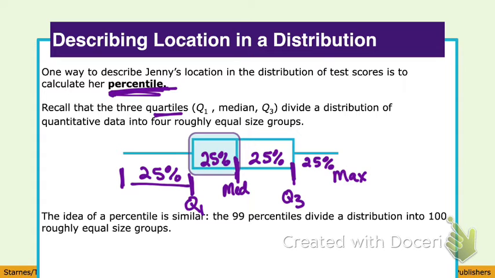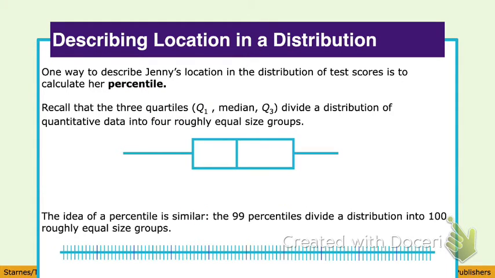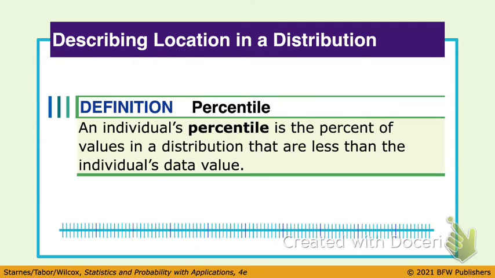That's very similar to what a percentile is going to do. A percentile is going to cut the distribution into percentages of basically 1% sections, and we're going to have 100%. Each one of these little sections is 1%, and we'll be able to quickly see what percent of the distribution someone is at. Here is another visual of where different percentiles might be.